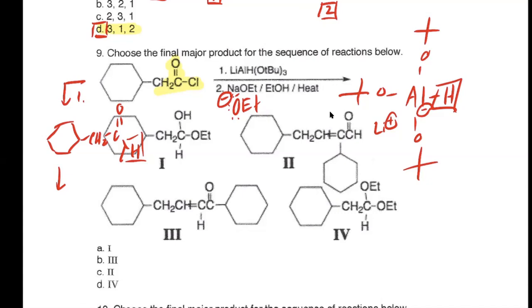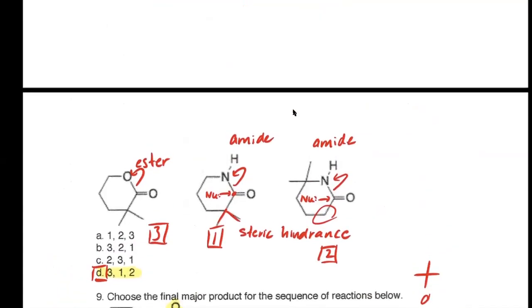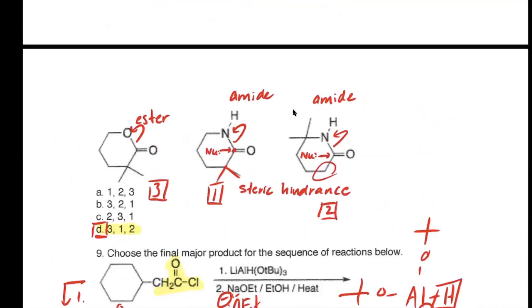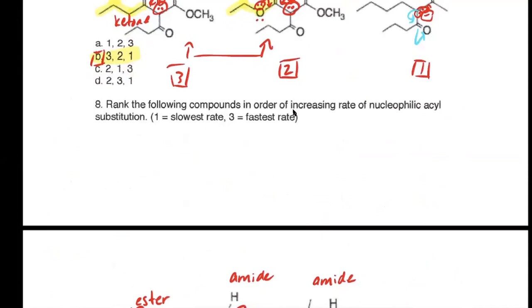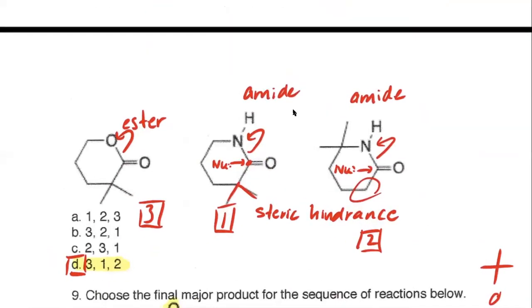Oh, question. Why wouldn't it attack the top? Oh, okay. So you're talking about number 9? Okay, so for number 8, whenever you have the nucleophilic acyl substitution, the site of attack for your nucleophile is always going to be that carbonyl carbon.